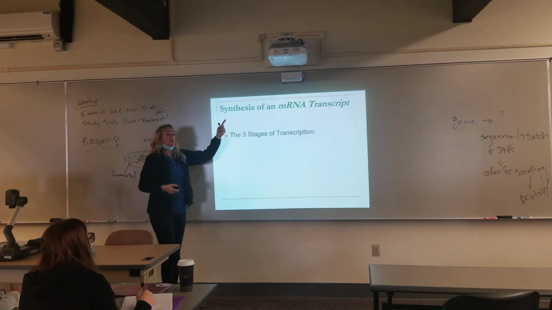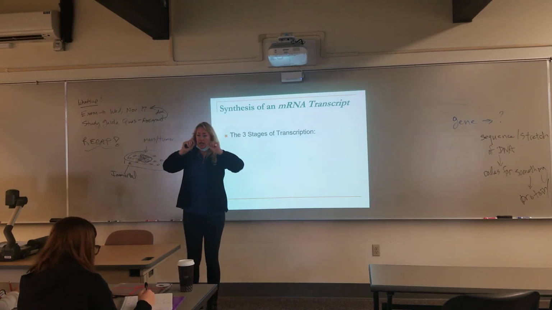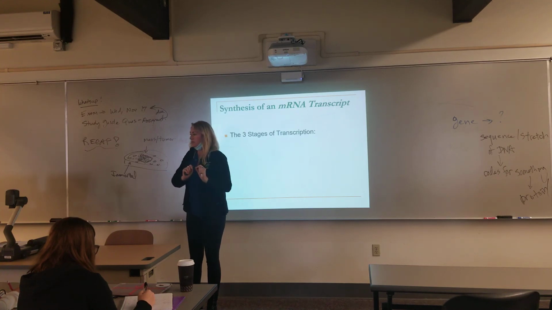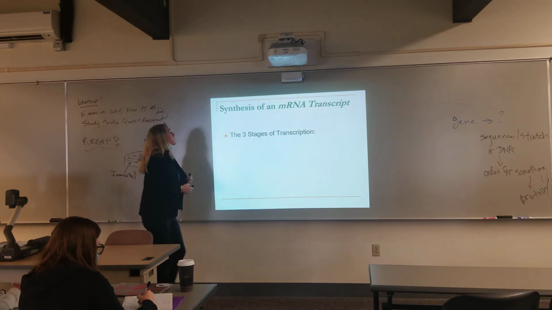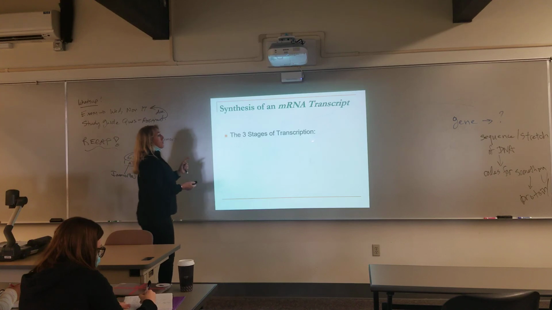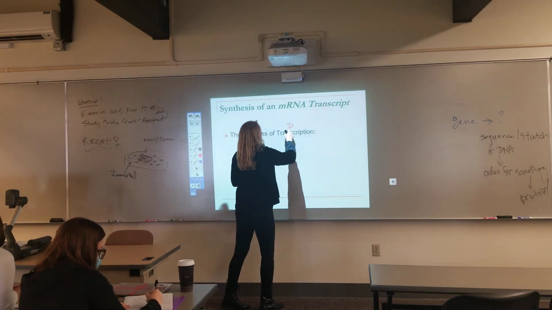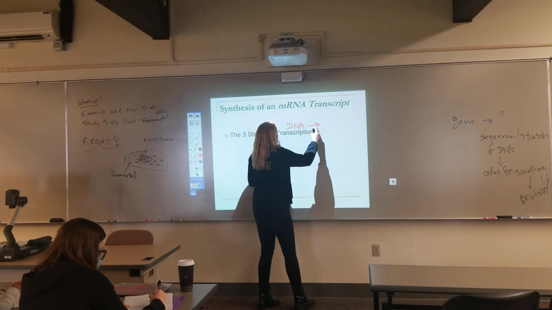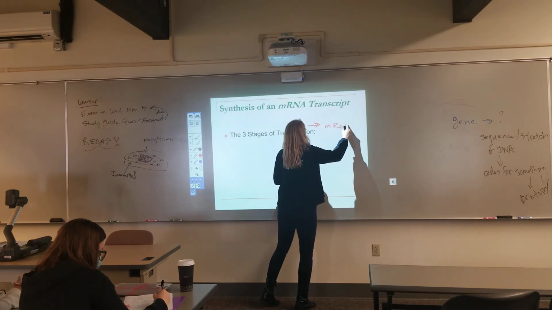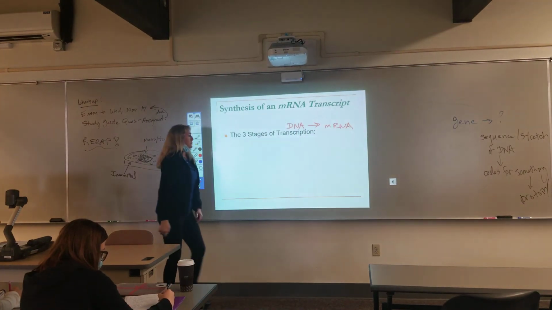So they need to constantly be taking DNA into mRNA and mRNA into protein, the central dogma. So that's always happening. So remember we're now at this part, DNA to mRNA. That's where we're at in the central dogma, or the flow of genetic information, okay?